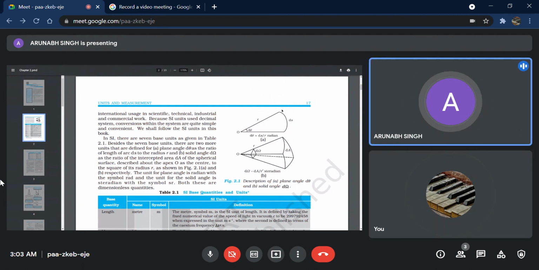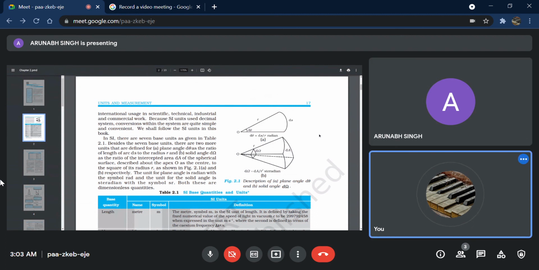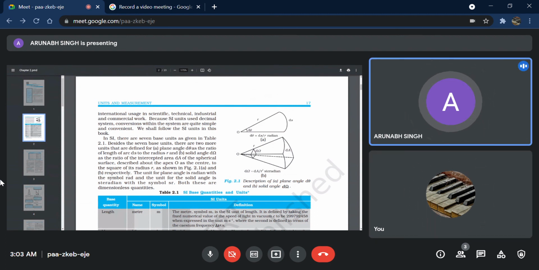If we have this radius as 2, this arc would be much bigger, right? So for the same angle measurement, we can't say that if this length is 2, for this much radius this will be 2 radians, and for some other radius this will be 4 radians. We can't say that, because the same angle can't have different measurements.